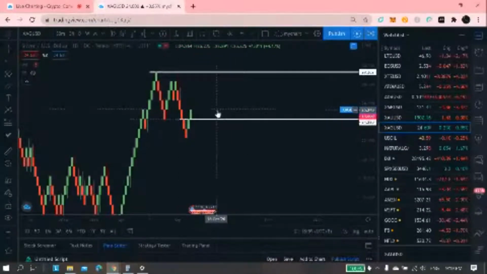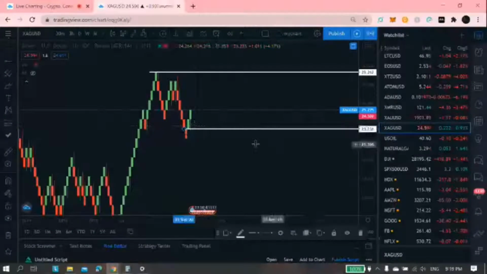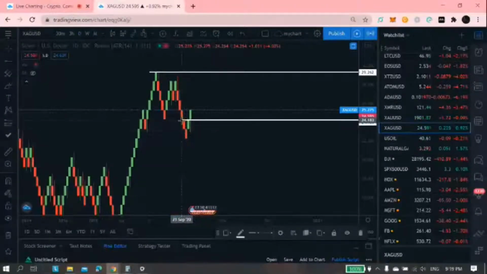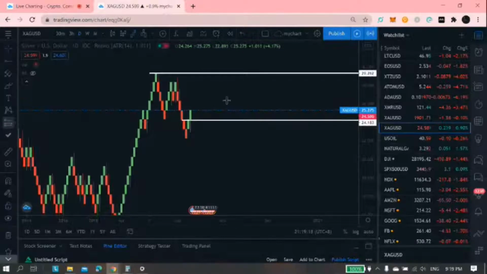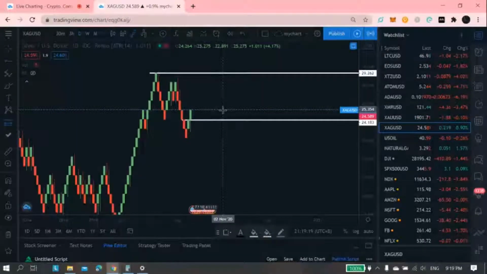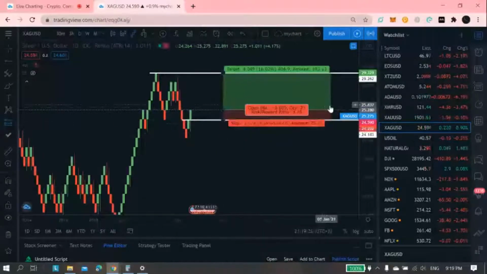Of course, if I entered long here, of course, this is my stop loss. But if I already entered long at this area, of course, I will adjust my stop loss. So let's see if it's still profitable for me if I trade here.